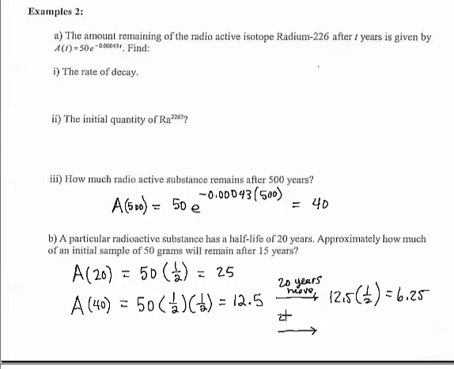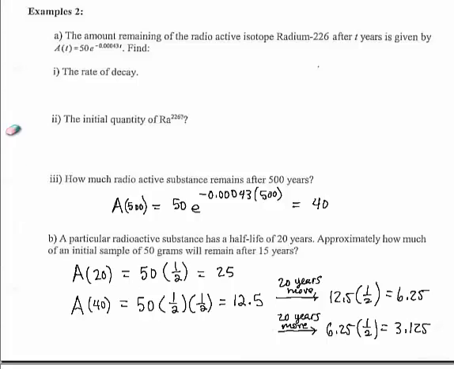That's what the half-life means. 20 years more, 6.25 times 1/2 equals, let's see, 3.125. Okay, and so what happens is that we just multiply by half for every 20 years.